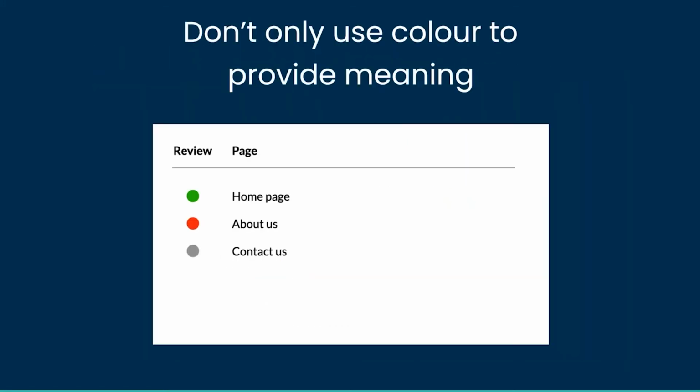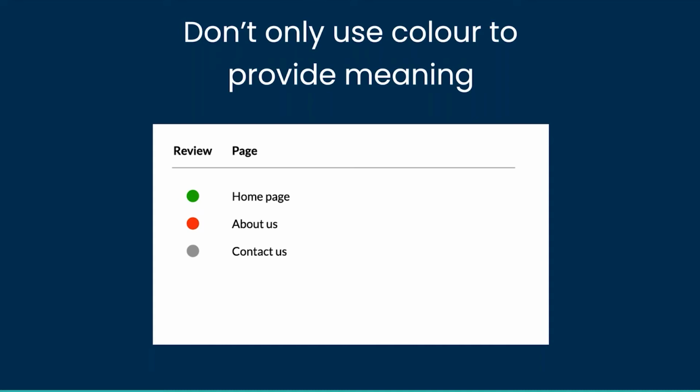So lastly, on color, color shouldn't be used as the only visual means of conveying information or indicating an action or distinguishing some sort of visual element. So the example here, let's say we've got a list of pages, and we're going to be reviewing these pages, and we've got indicators to show whether they've passed, they've failed, or are yet to be reviewed.